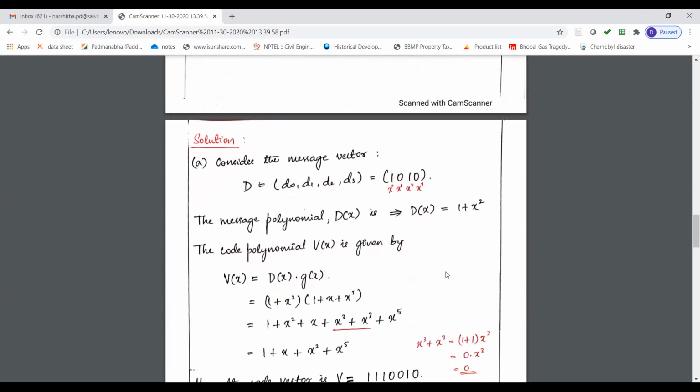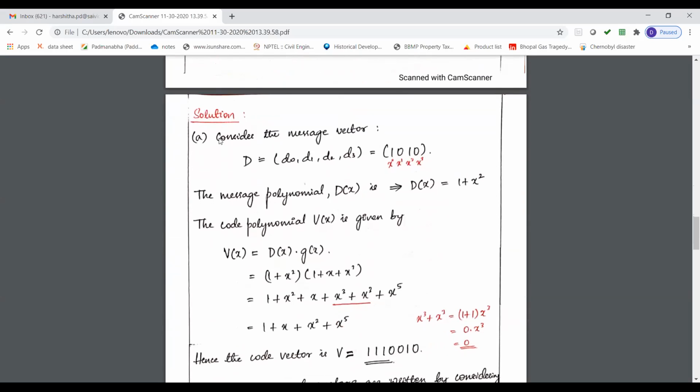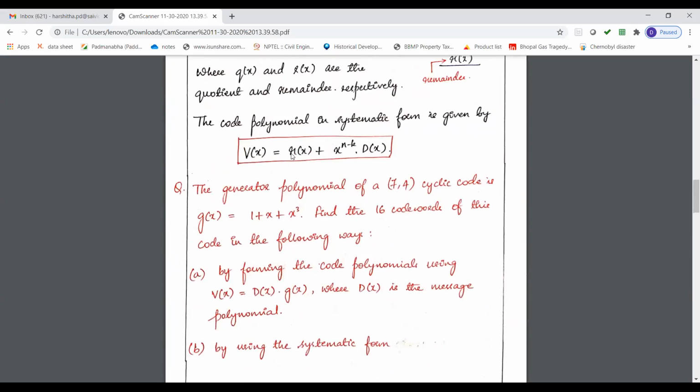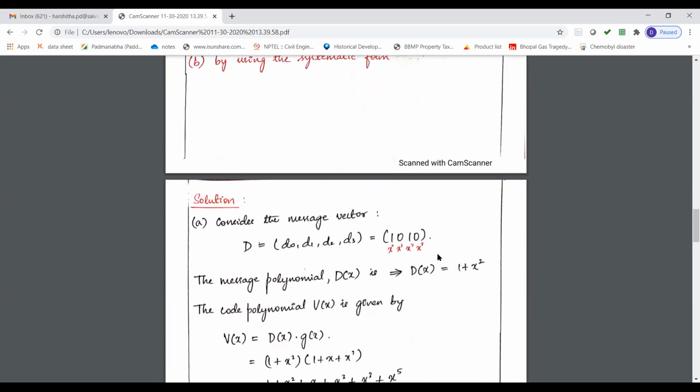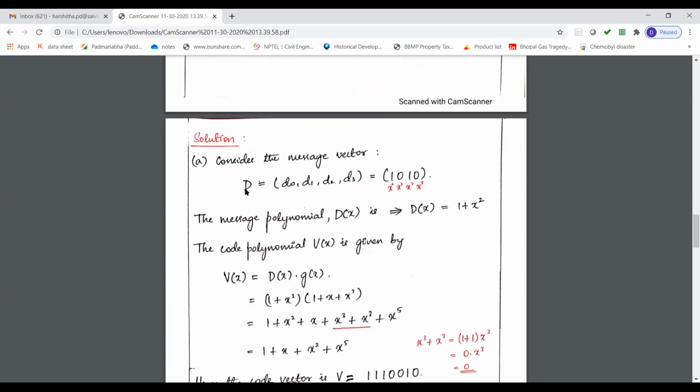First we'll solve the first sub question. So let us consider the message vector. Here we have 7,4, isn't it? So the message vector will be of length 4. So we'll consider a message vector, say 1, 0, 1, 0. So this message vector is represented as d0, d1, d2 and d3.